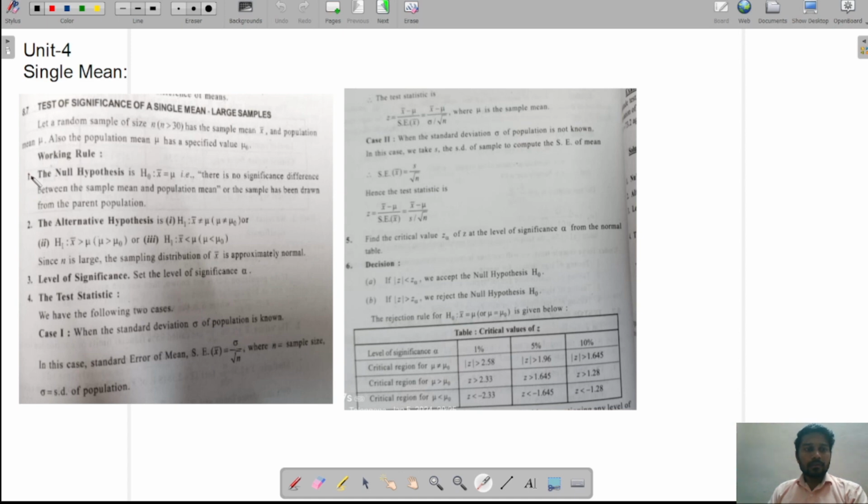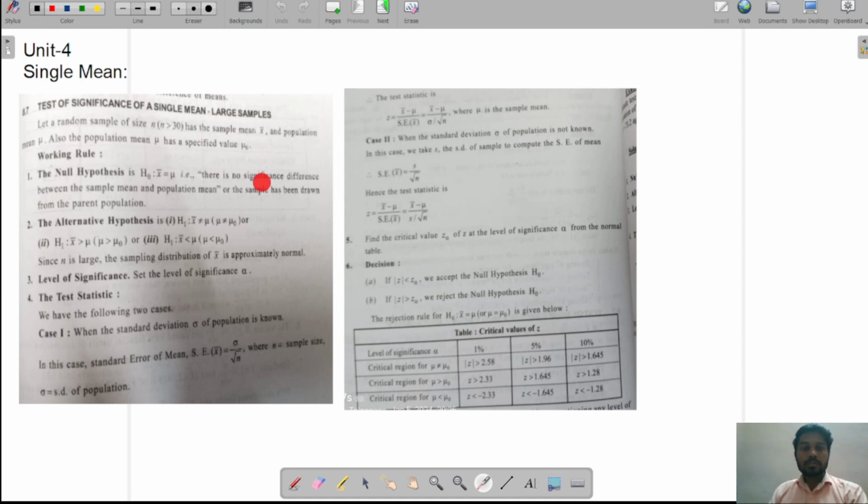Step number 1 of the working rule, the null hypothesis H naught. It says that x bar equals nu. So x bar equals nu means the sample mean and population mean are both equal, because x bar denotes the sample mean and nu denotes the population mean.